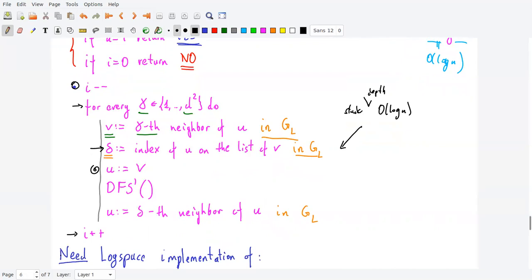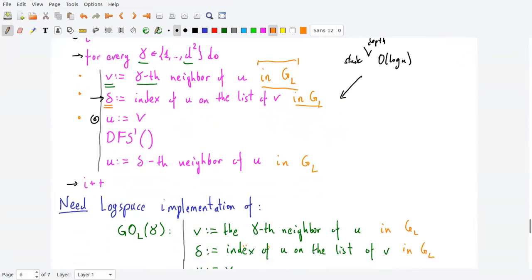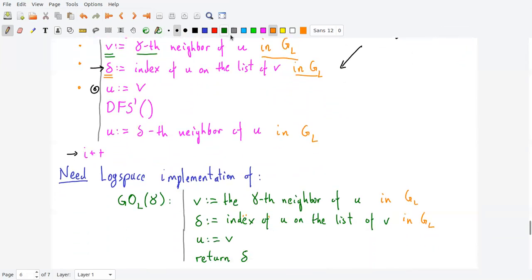So this is everything on paper, because we still do not understand, if we do not have the graph GL explicitly, how to do all of these operations, how to emulate browsing through the neighborhood list in GL. The main procedure that we need to be able to emulate in the graph GL is the procedure that I will call go L from some index gamma.